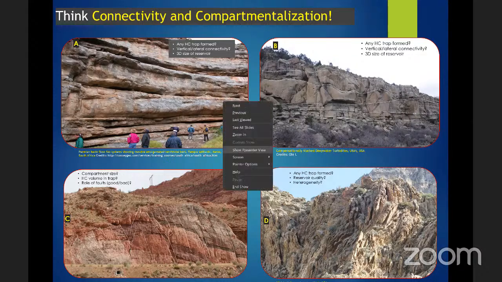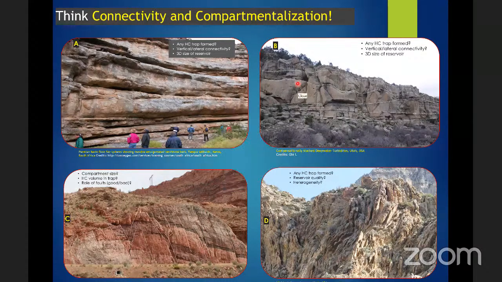Okay, so I see for A horizontally, okay, horizontally. And then I think for B also, correct. So horizontally or lateral, both correct. Why? Because if you follow my cursor, these are like boundaries, and you can imagine that they compartmentalize the reservoirs vertically, at least on this section. So if I'm imagining that I want to drill a well, I will keep in mind that this is one compartment.